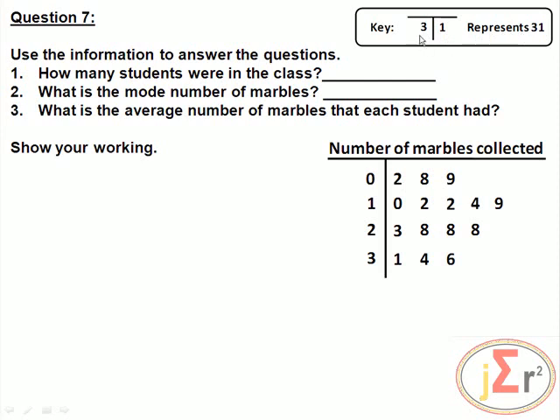That means if we have 3 on the stem side and 1 on the leaf side, then the item of data is 31. But that will be very easily understood and manipulated as soon as we start to view these animations.